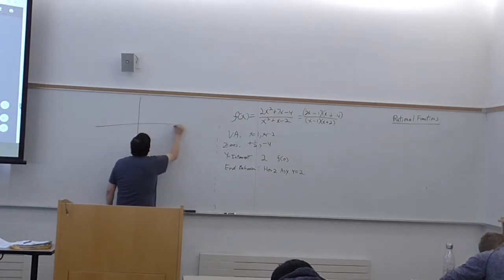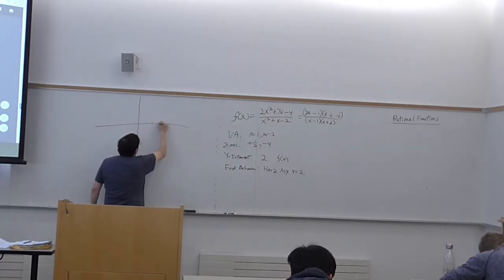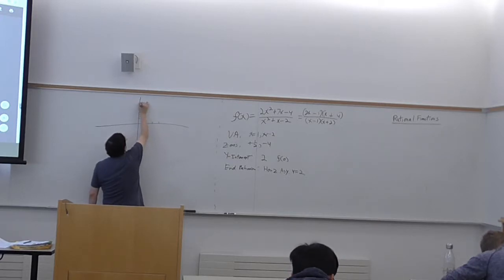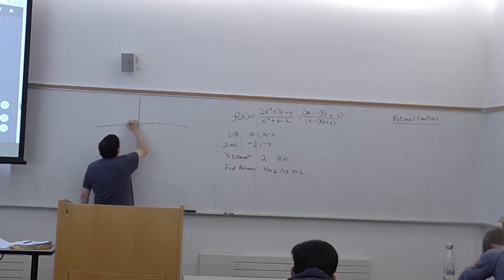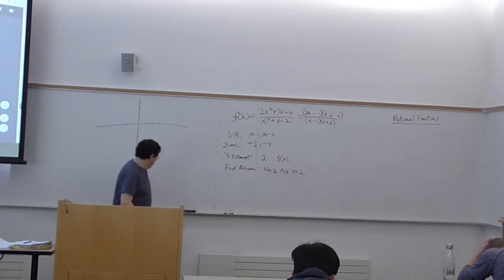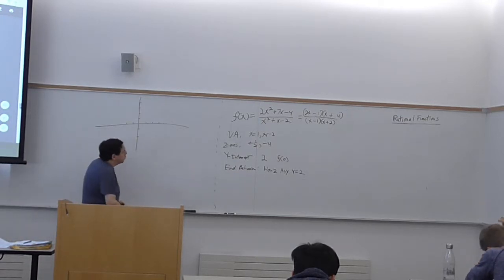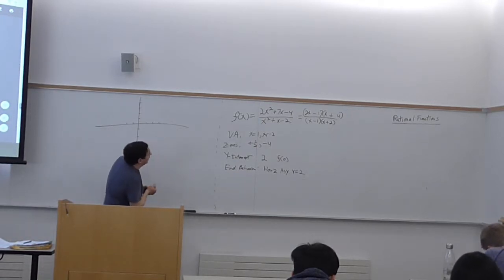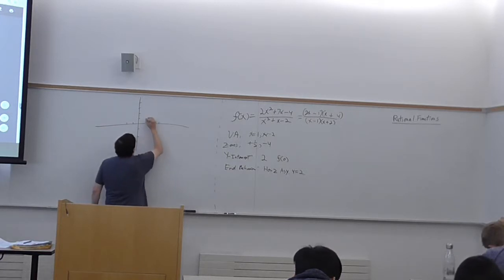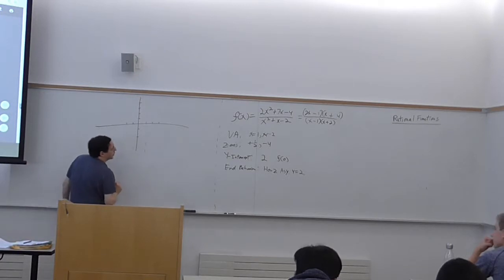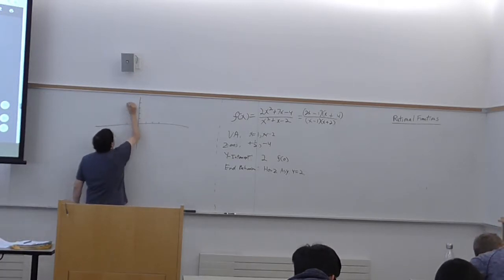So put up axes. Put a scale on here. And what do we know? We know we have a vertical asymptote at 1. We know we have a vertical asymptote at -2.